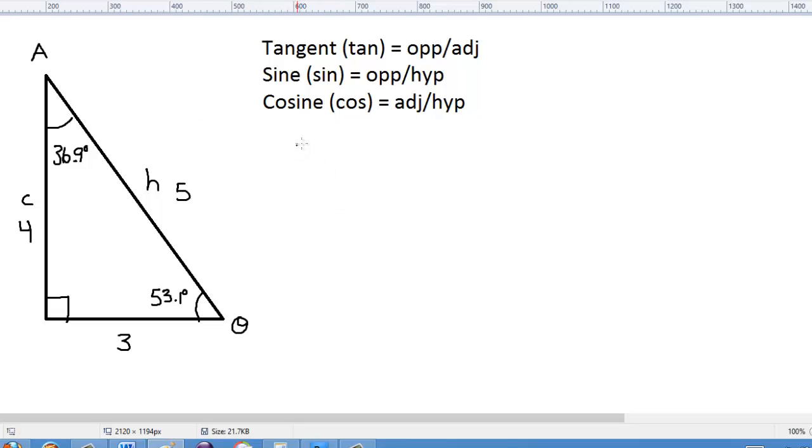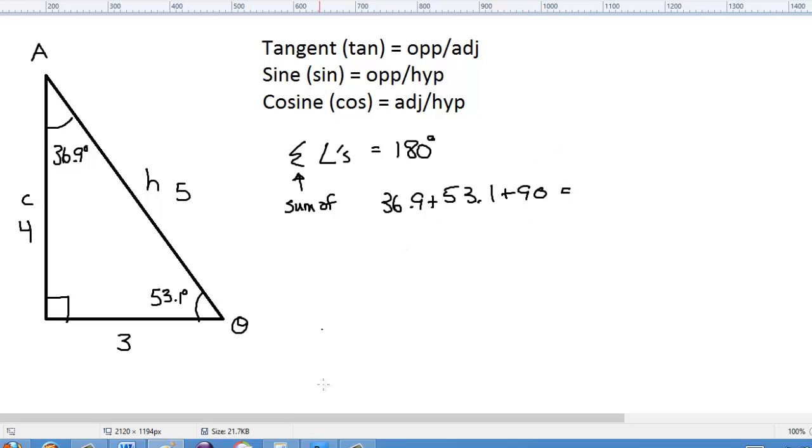Also I know that all of the interior angles of a triangle have to add up to 180. So the sum of the angles is equal to 180 degrees. I'm going to get 36.9 plus 53.1 plus 90 for the right angle, and I should get 180.